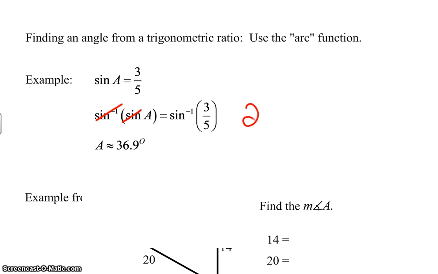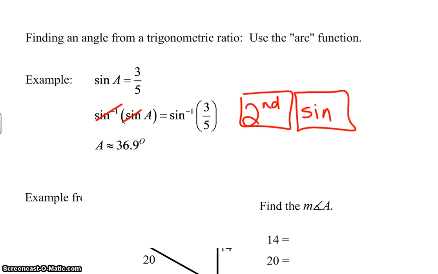These are my keystrokes: second, and then the sine key, and then I just type in 3 divided by 5, and it gives me an answer of approximately 36.9 degrees.